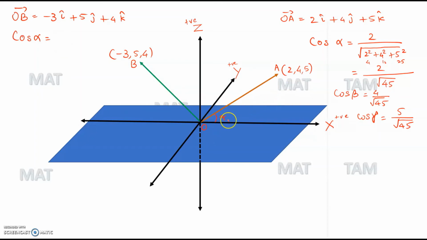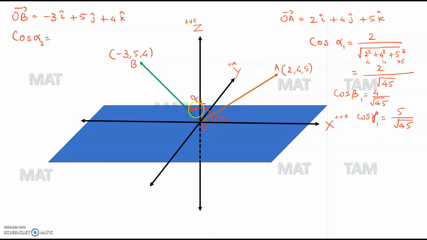Let me call this alpha 1, and this alpha 2. My angle alpha 2 is this angle from the positive side of the x-axis to the vector.